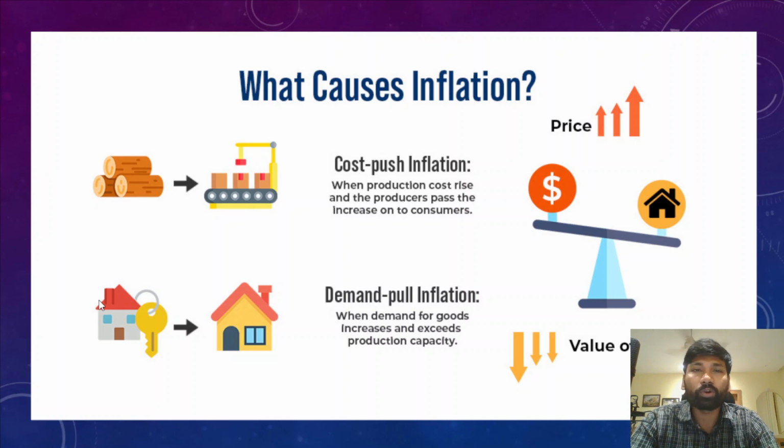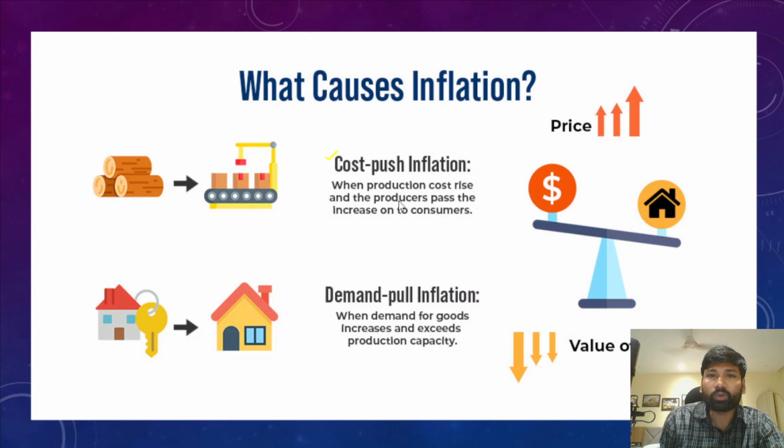When we talk about cost push inflation, as I have already told you, increased input costs will lead to cost push inflation. One such example is increasing raw material cost and increasing prices of fossil fuels. They increase the cost of production of goods and services, and that will increase cost push inflation in an economy.